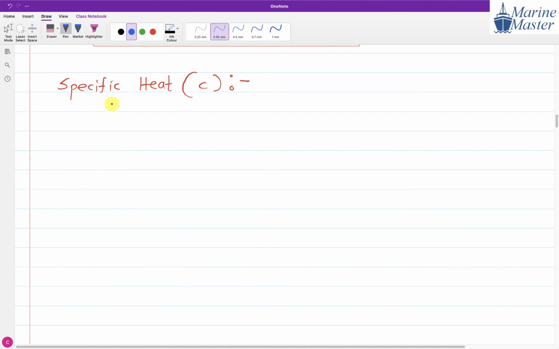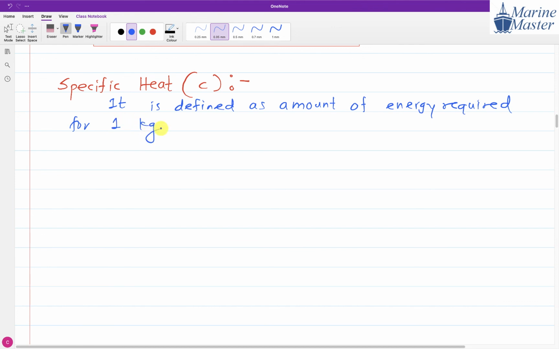It is defined as the amount of energy required for 1 kg mass to change its temperature by 1 Kelvin.